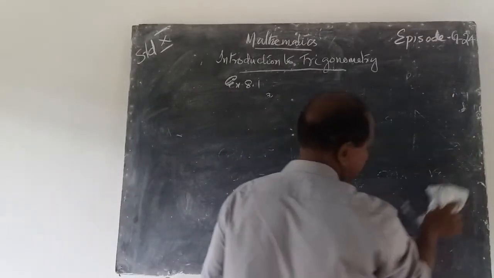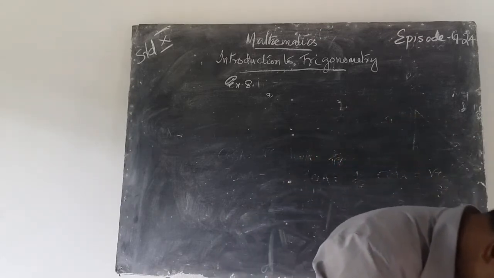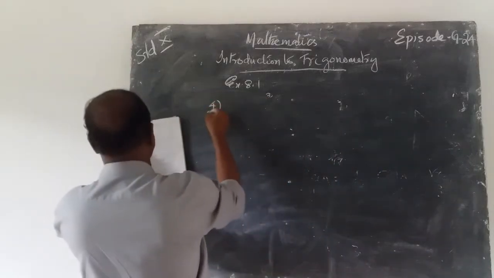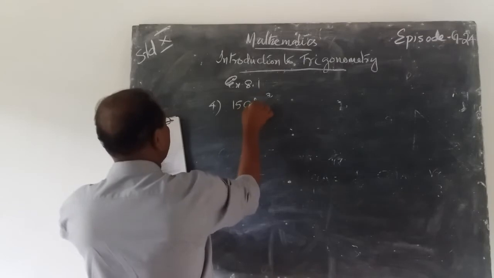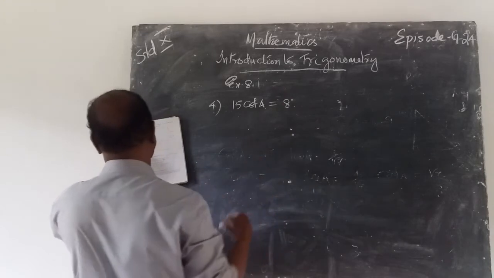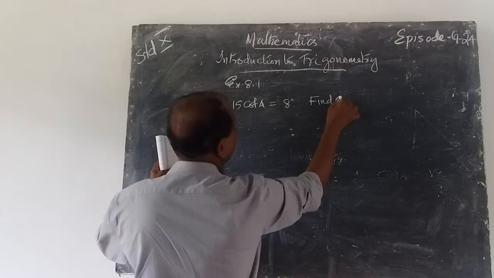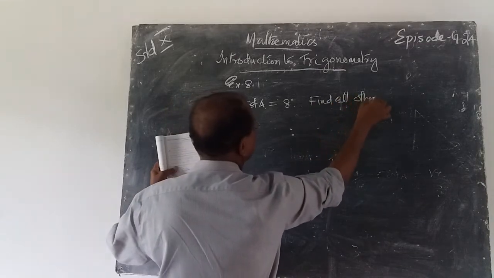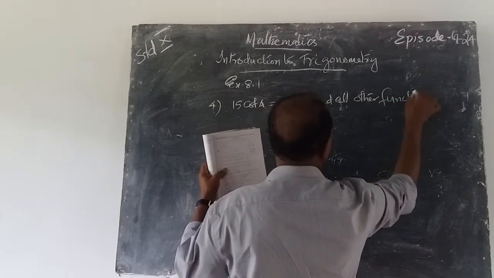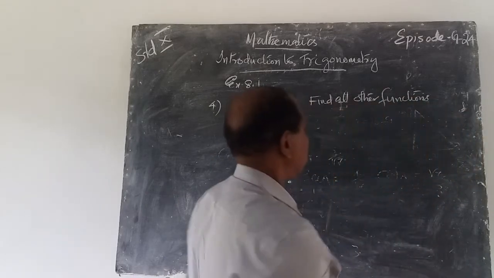The next question, that is question number 4. Cot A is equal to 8 by 15. Find all other functions. That means cot A is given.